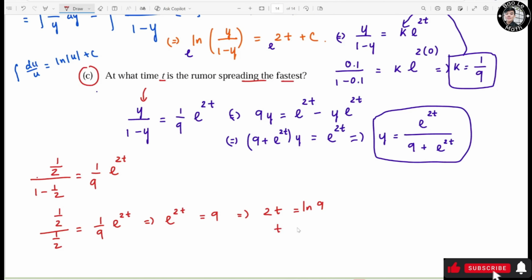So t = (ln 9)/2. But ln 9 is ln 3², and we can bring the 2 to the front, so it's (2 ln 3)/2, which is ln 3. This one is the final answer.